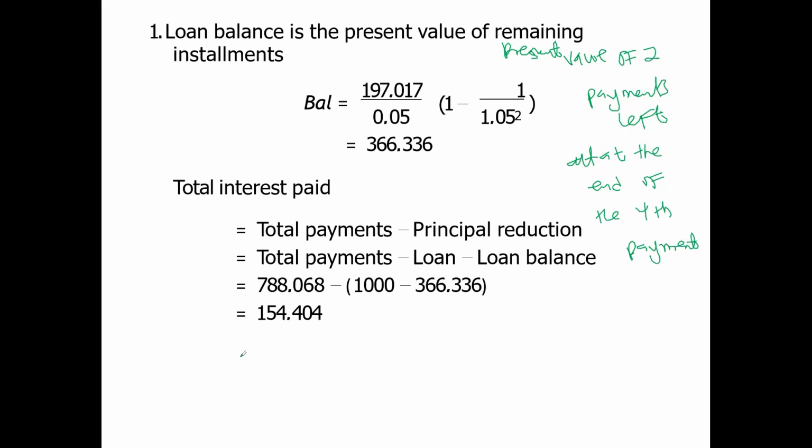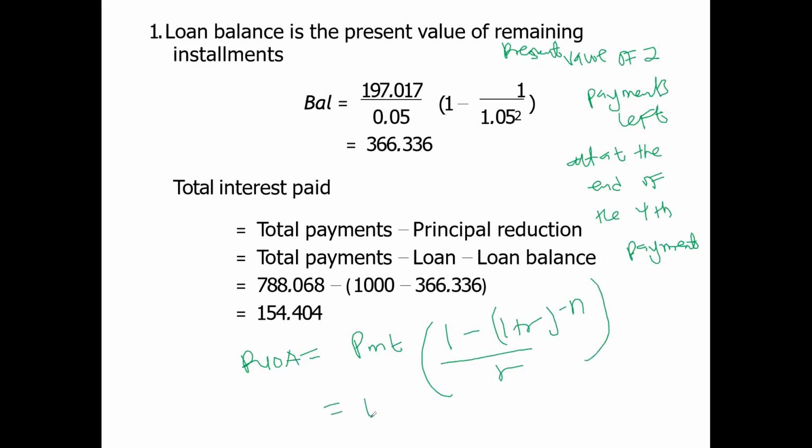So how do we find the present value? Because there are two payments, it's an annuity. So if you want to find the present value, it is the payment into bracket 1 minus (1 plus r) raised to the power negative n, all over r.